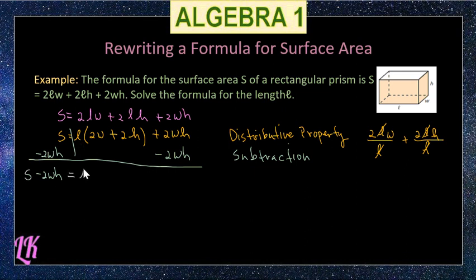Okay, we bring down L times 2W plus 2H. 2WH minus 2WH is equal to 0. Again, we only want L, so we have to eliminate the quantity 2W plus 2H by division. So we divide both sides of the equation by the quantity 2W plus 2H.